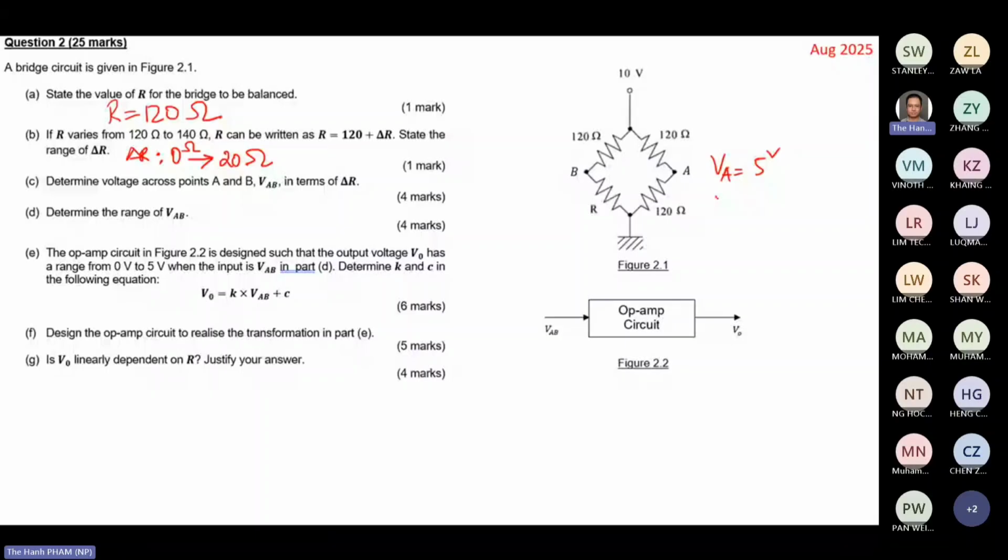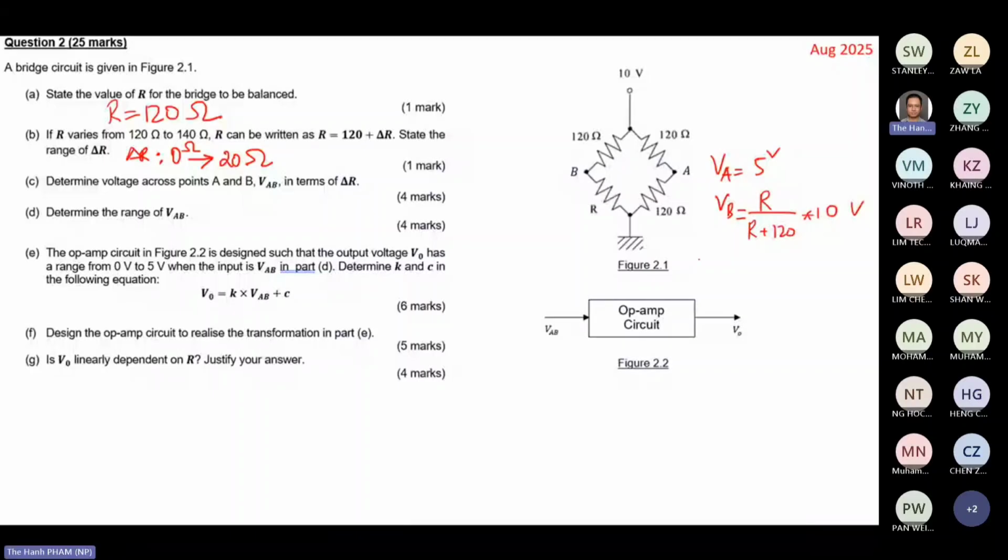And your VB should be, this is R, this is a voltage divider rule, R over R plus 120 times 10, and this one is volt.